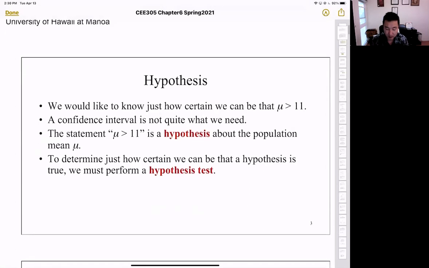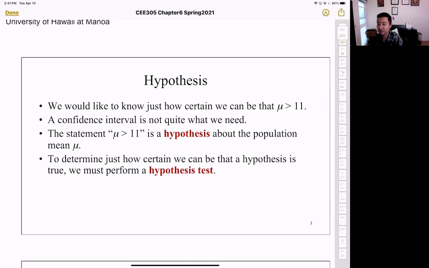In this question, we are not interested in a confidence interval. For a confidence interval, we are interested in, for example, a 95% confidence interval where the population mean will be between, for example, 11 and 14. We want to know here if the average is more than 11. So the statement that the population mean mu is larger than 11 is a hypothesis.